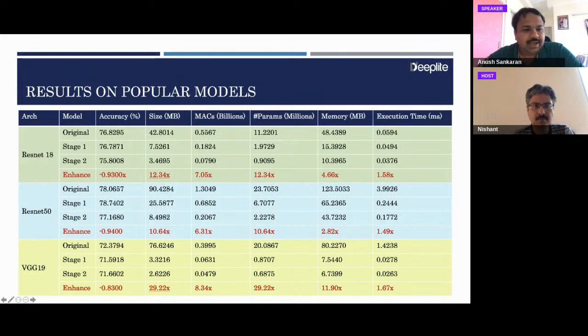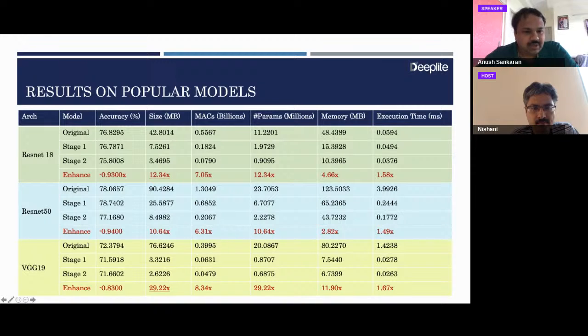And if you look at the stage 2 performance, in all the experiments, the only constraint that we have provided for Neutrino to optimize is that the accuracy delta should not go below 1% of my original model. So if my original model is 76.82%, my compressed model should not go below 75.82%.